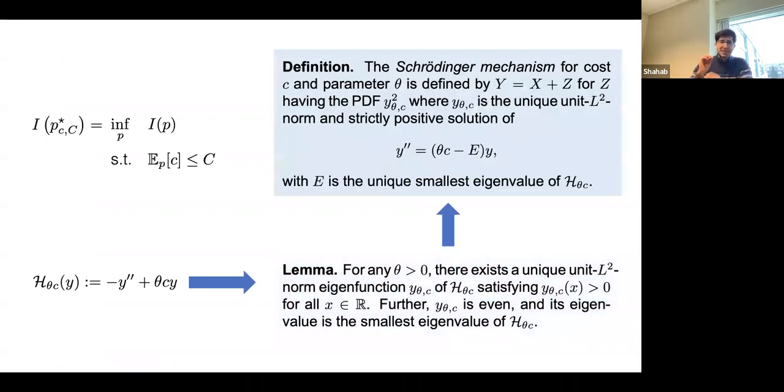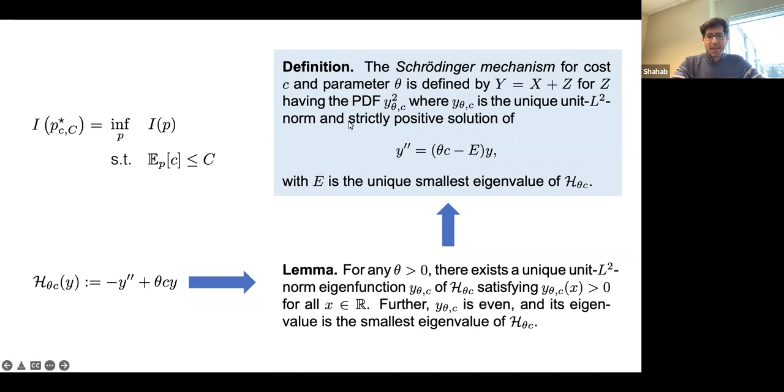Now we can use these two properties to define the Schrödinger mechanism. The Schrödinger mechanism is an additive mechanism. The output of this mechanism is equal to x plus z, where the noise has the PDF y squared theta c. Again, this is a valid PDF. And it satisfies this equation, where e is the smallest eigenvalue of the Schrödinger operator.